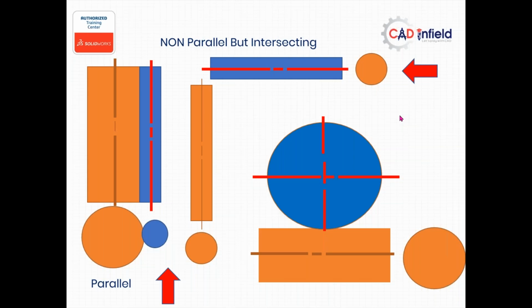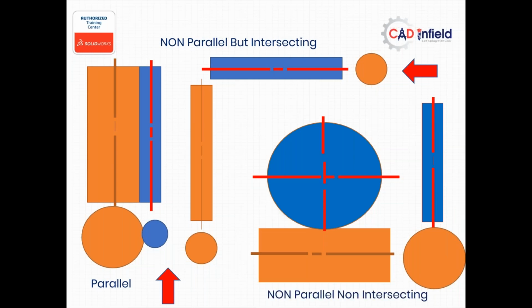They are neither parallel nor intersecting. I'm talking about the shaft axes. This is the category where you can go for a worm kind of gear.